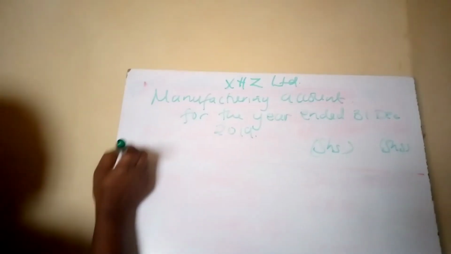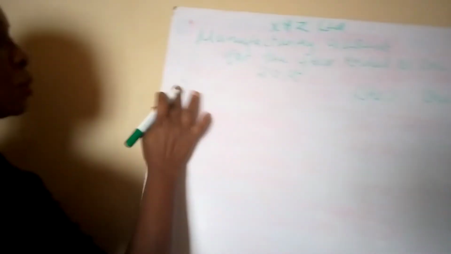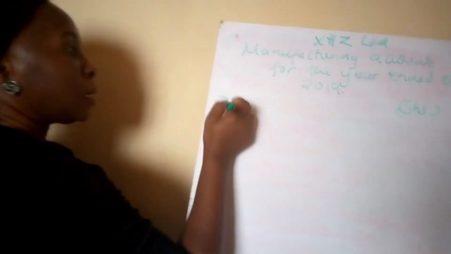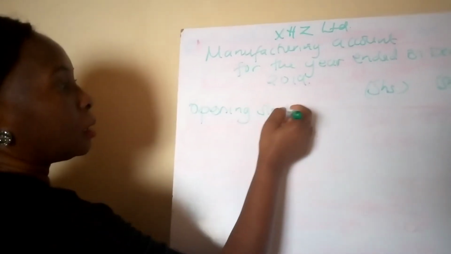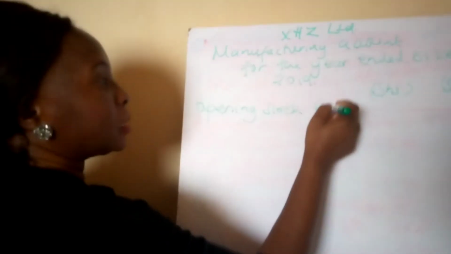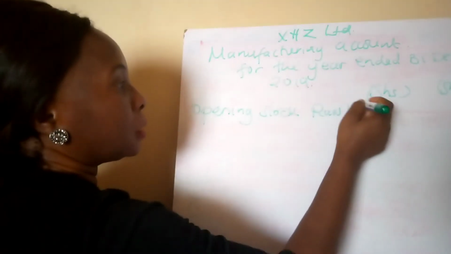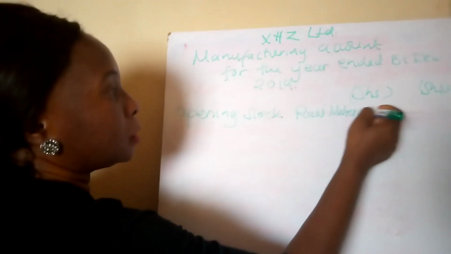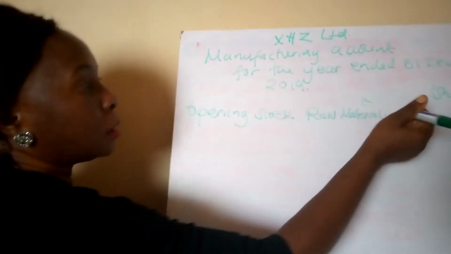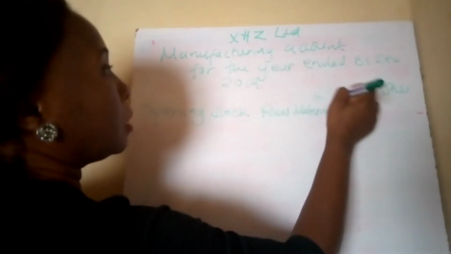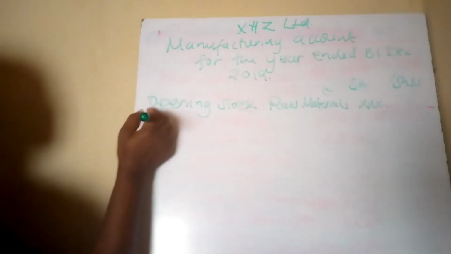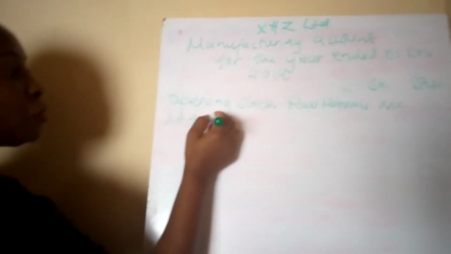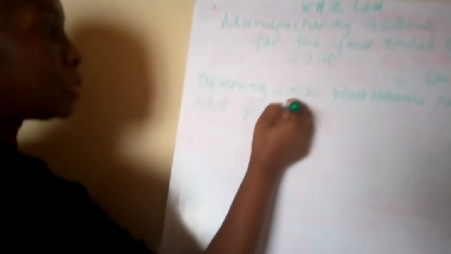Now we start by recording the opening stock of raw materials. Then we add an amount of purchases of raw materials.